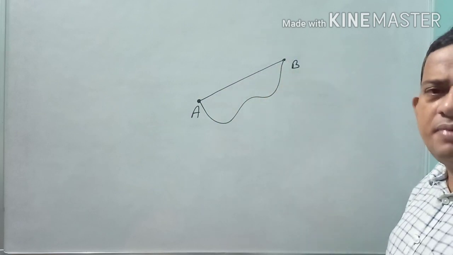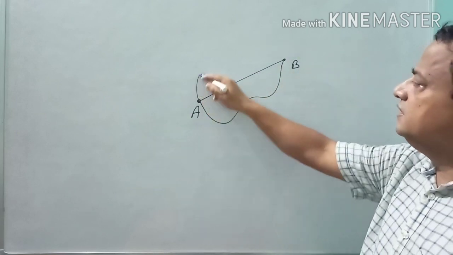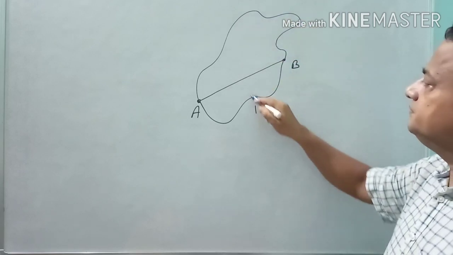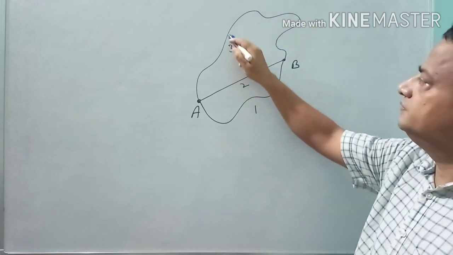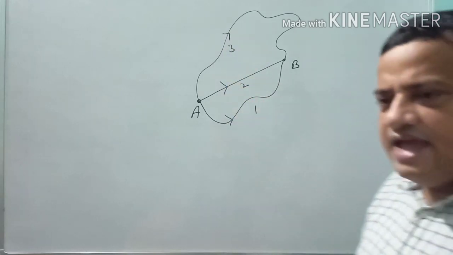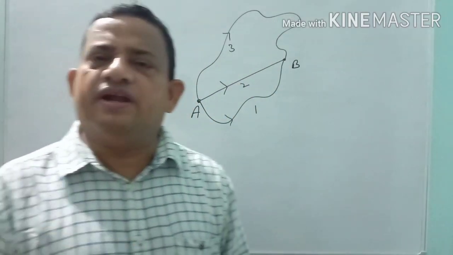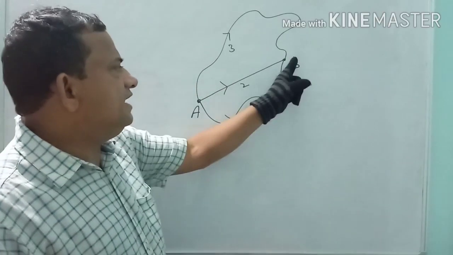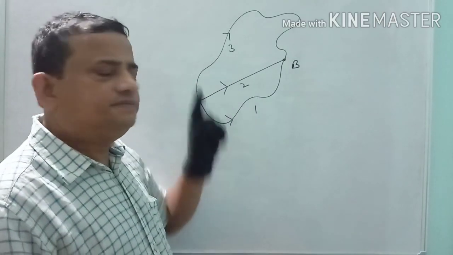This is another path. This is another path. A is the starting point, B is the ending point. So from this starting point to the ending point there are 3 paths.